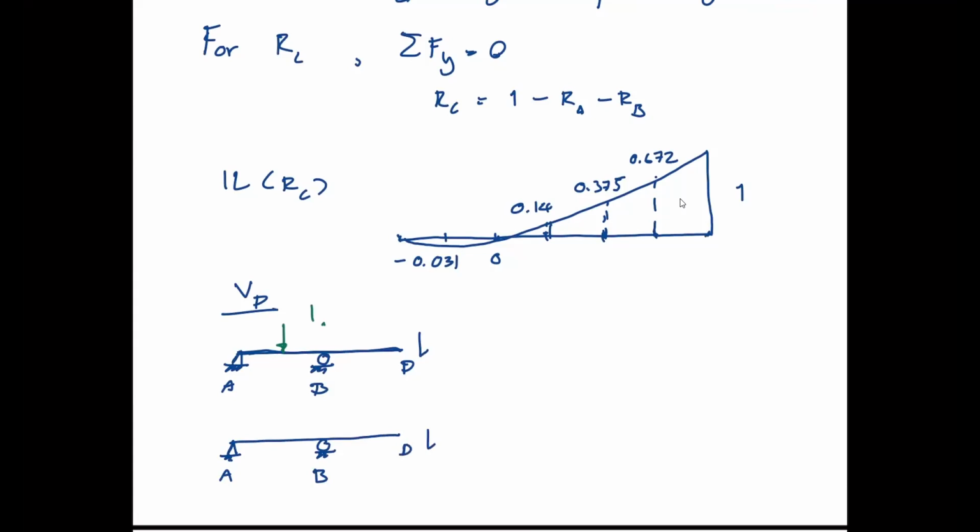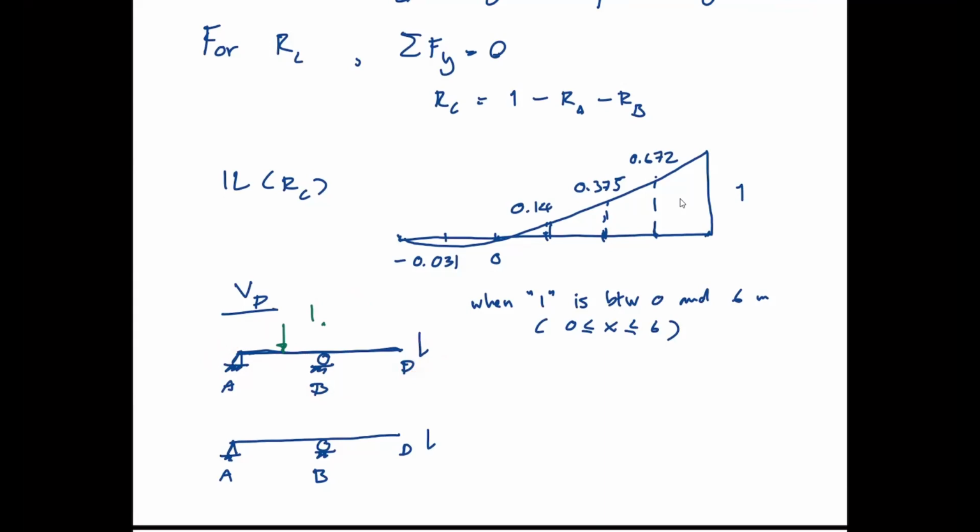The first case is when the unit load is between 0 and 6 meters. Okay, or I can say 0 to x to 6. Okay, this is your free body diagram.